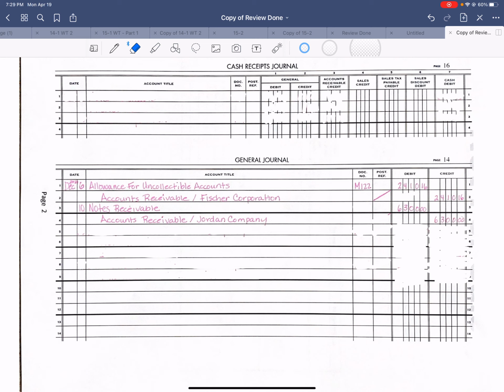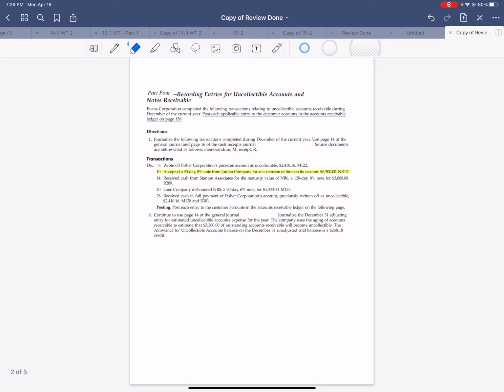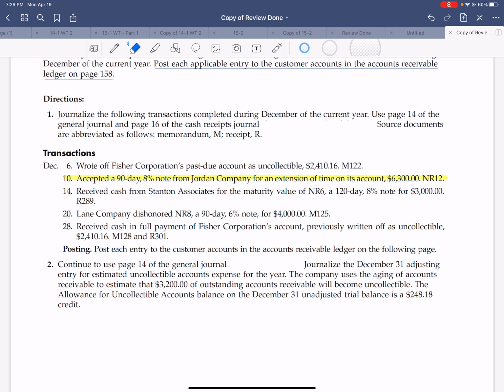Remember, we are transferring it out of a receivable into our notes receivable. Diagonal line. And our notes receivable, number 12, is our document number.